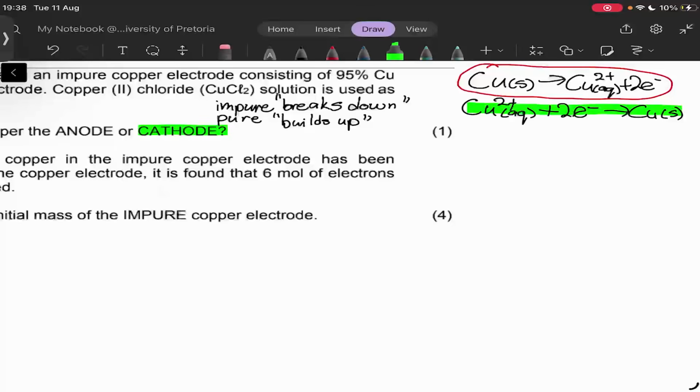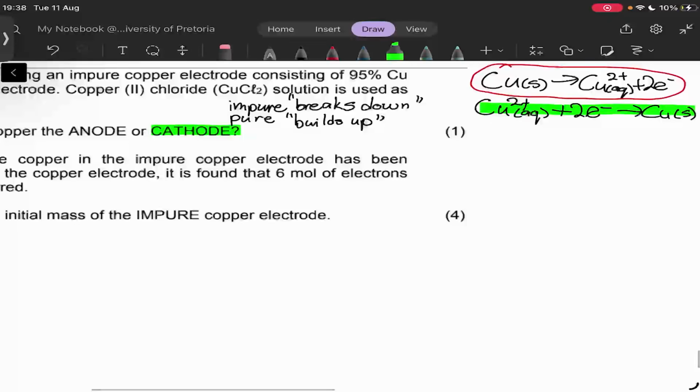Okay? Wherever your cathode is, you usually have mass being deposited over there, or you have the electrode increasing in mass. What helps me understand this is oxidation is loss. At the anode, oxidation happens, and if oxidation is loss, I can expect a loss in mass. I have red cat.